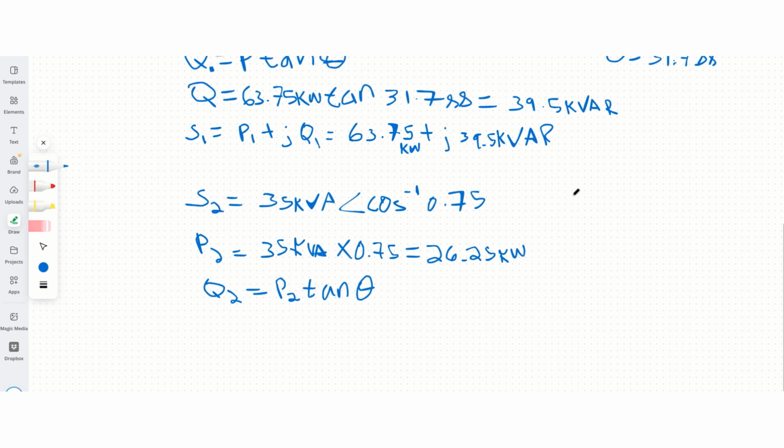In order to find the angle, it is the inverse of cosine of 0.75, which is 41.4 degrees, and that's based on the power factor formula: power factor equals cosine of theta.